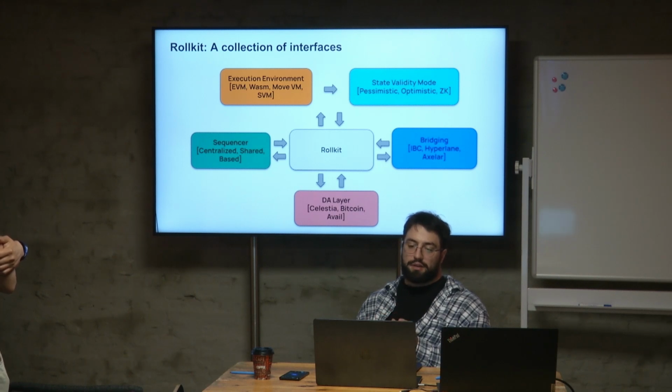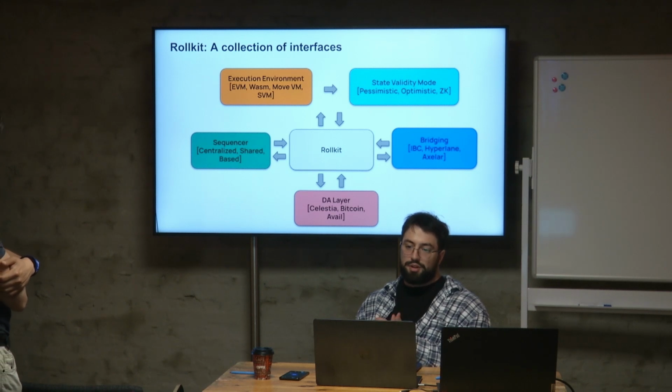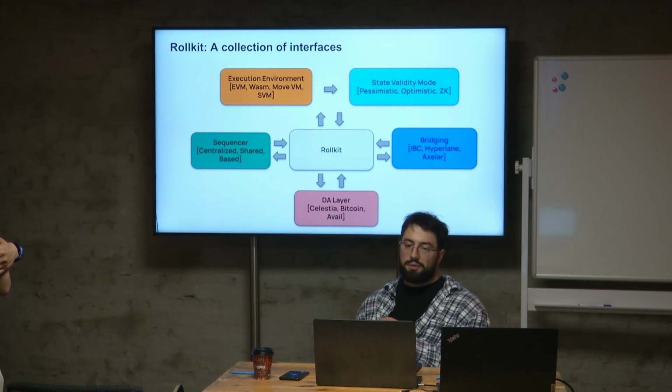Here we have interfaces which could be implemented. For example, the DA layer, as I said, has just 6 methods, but we really use 2 methods, which are submit and get. For bridging, the IBC client, we use Tendermint 007 by default, but it could be anything else. Like sequencing: right now we have a centralized sequencer.